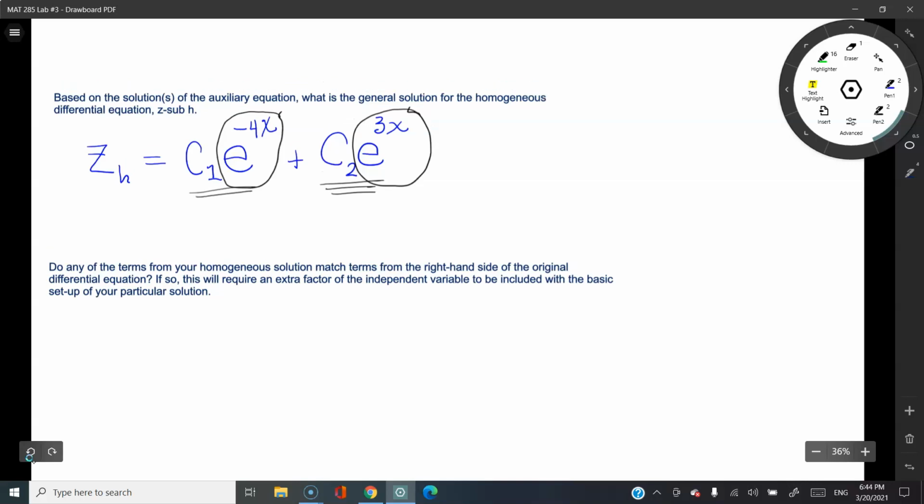If we see either of those on the right-hand side, then we have a repeated root, and when we set up our non-homogeneous solution, we need to include an extra factor of t in front of the term.